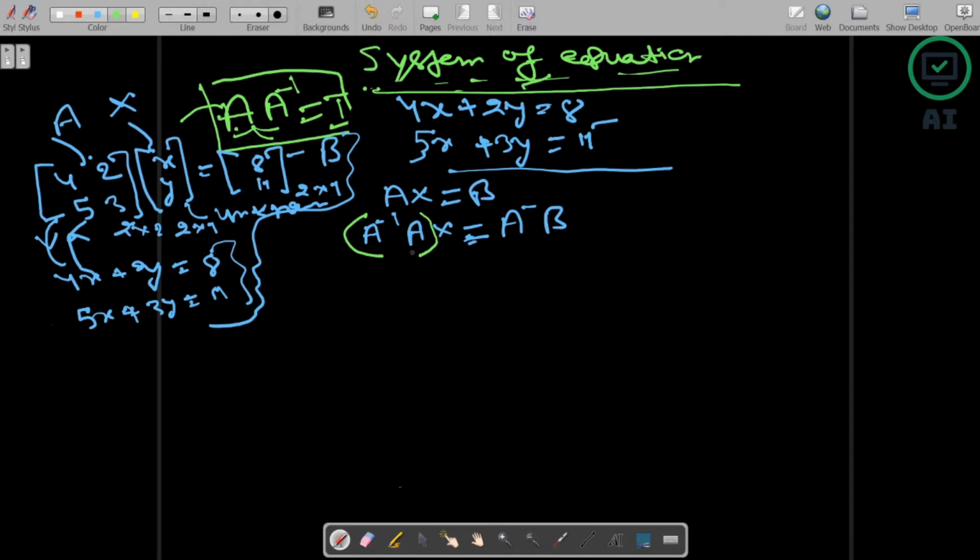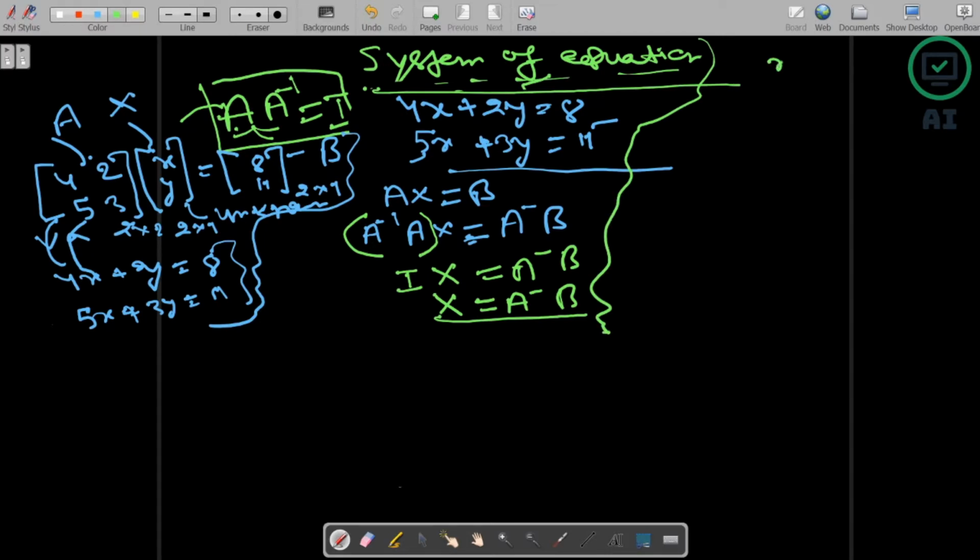As we know, A inverse A is nothing but an identity matrix, and then X, equals A inverse B. I have already explained that the identity is the multiplicative identity: if you multiply any matrix by its identity, it will give you the same matrix. So this is nothing but X equals A inverse B. So this is the equation we have to solve. So what is X?